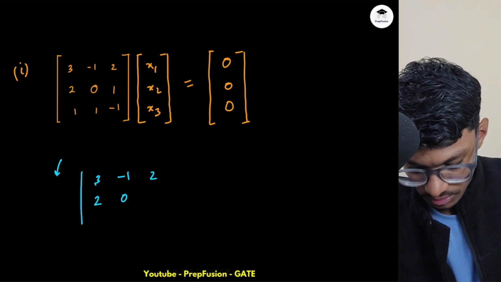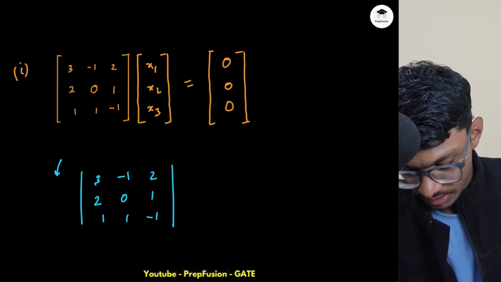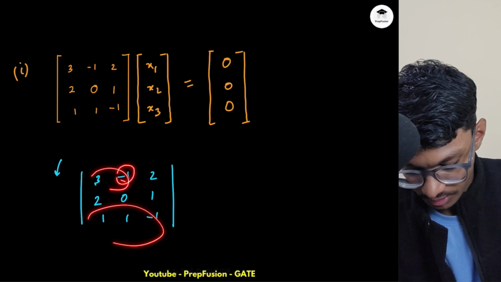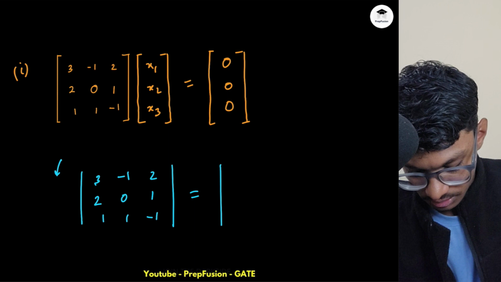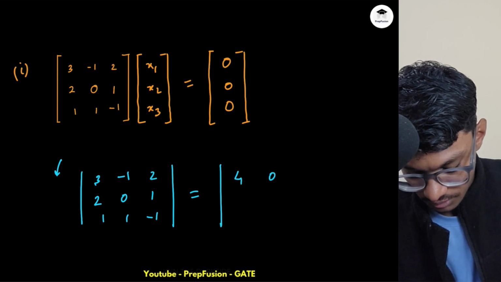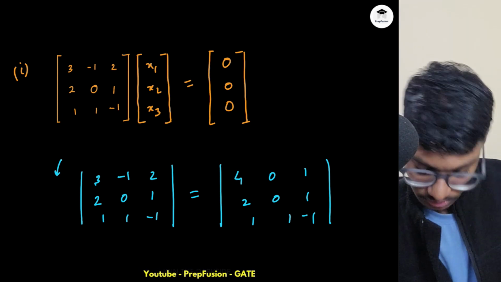So this is 2 0 1, 1 1 minus 1. So what I can do is add these two rows, and here I will get 2 zeros. So this is 4 0 1, 0 1 1 1.